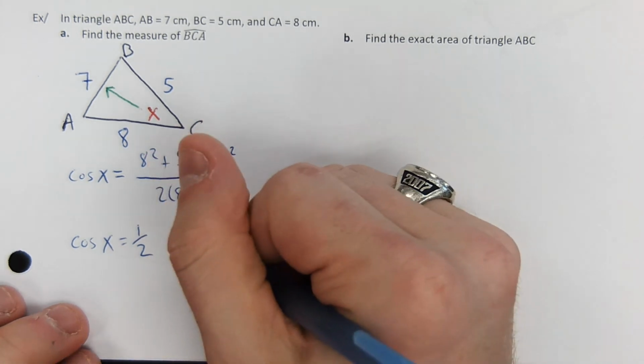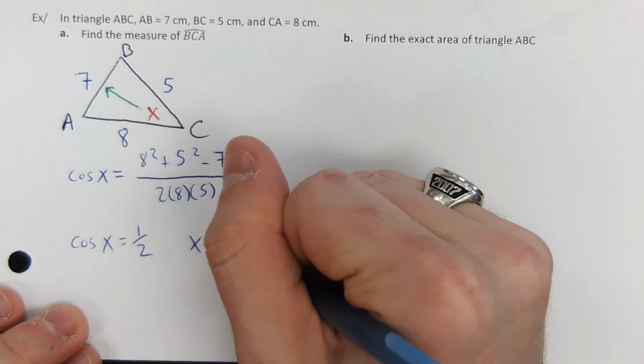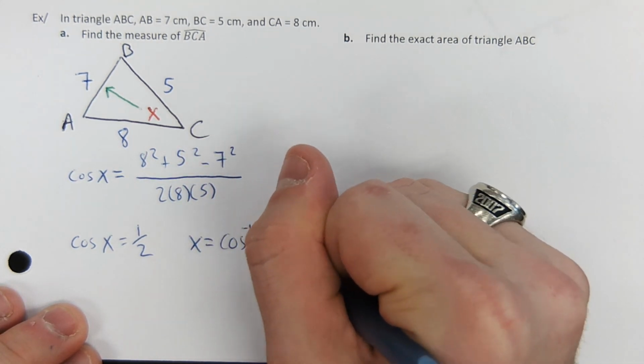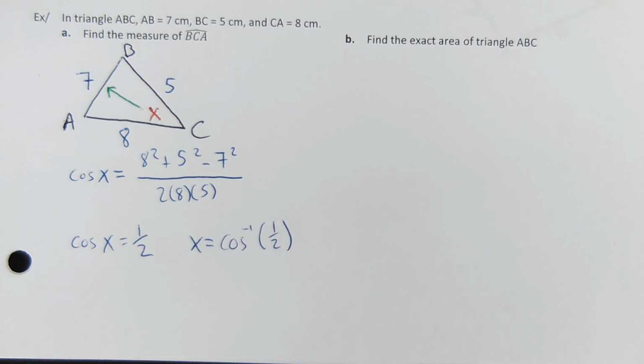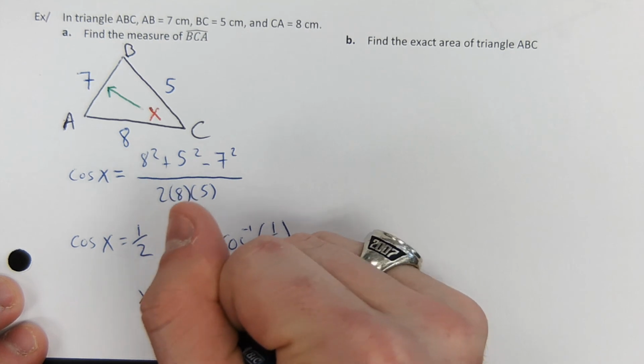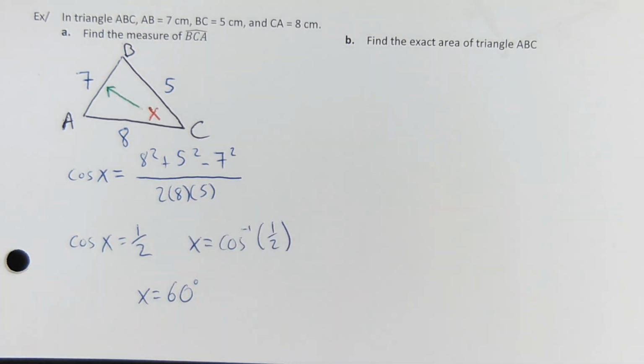Cosine inverse. X equals cosine inverse of 1/2. We weren't told degrees or radians, so how about degrees? X is 60 degrees.